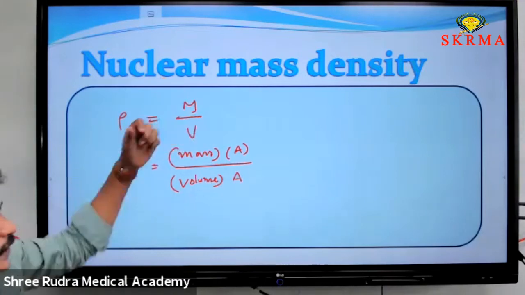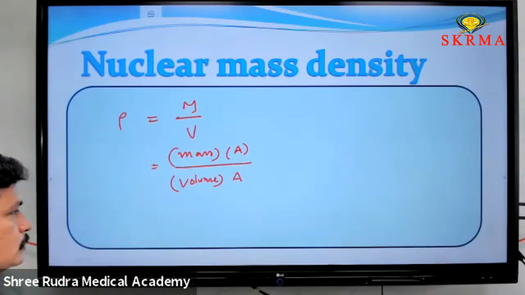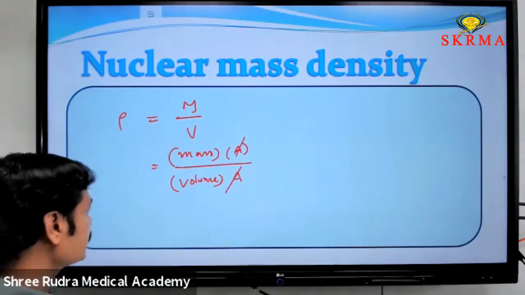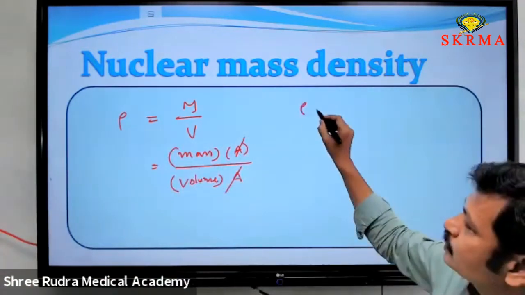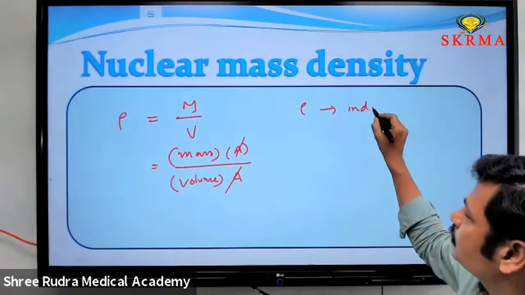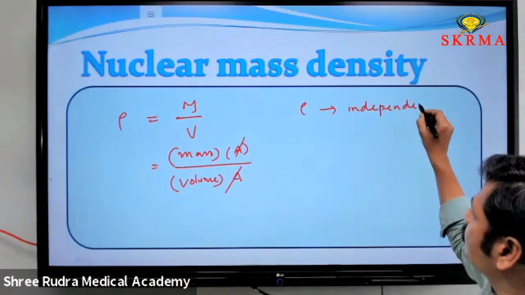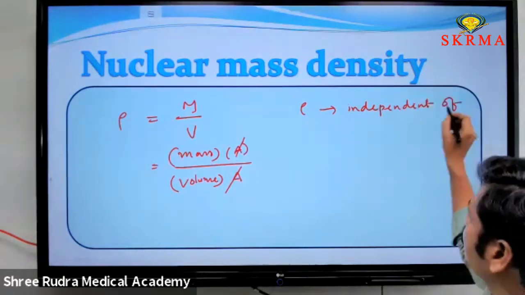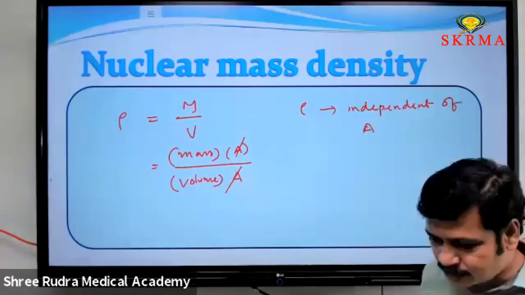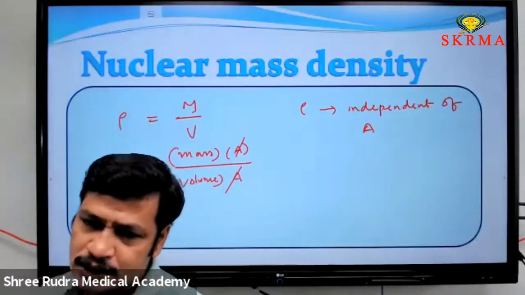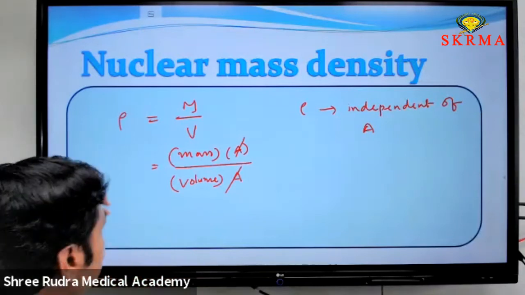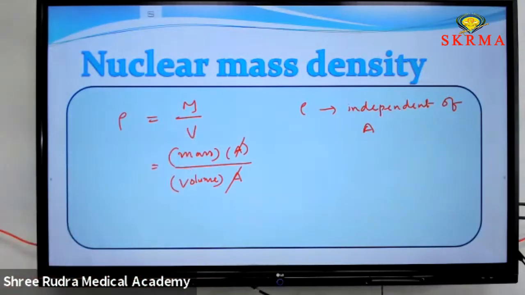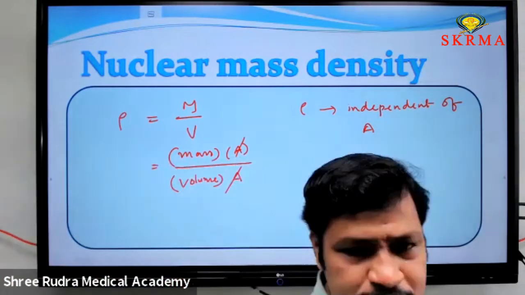That gives us the total mass of the nucleus as well as the total volume of the nucleus. Here A will be cancelled. That means the density rho is independent of A, independent of mass number. Whatever the element, whatever nucleus you are taking, the density is almost constant.